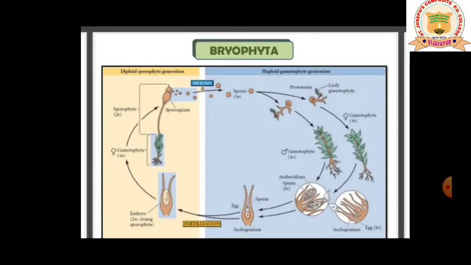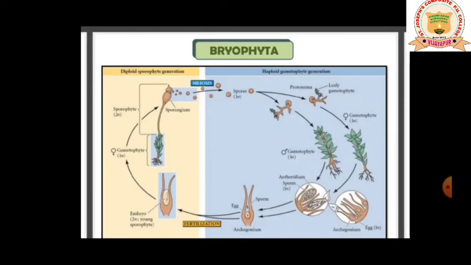The antherozoids are released into the water. Antherozoids means the male reproductive cells. The antherozoids are released into the water where they come in contact with archegonium, the female reproductive organ. An antherozoid fuses with the egg to produce a zygote. So here fertilization takes place. Fusion of male and female gametes takes place.